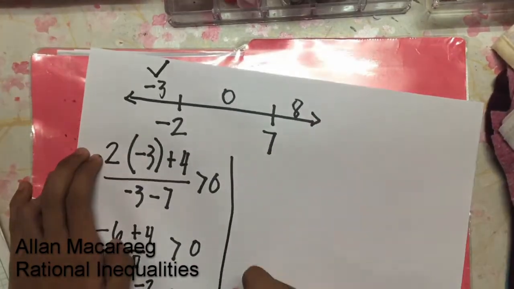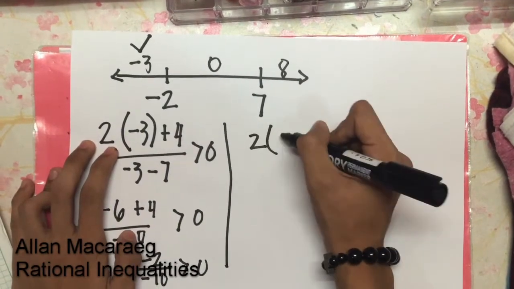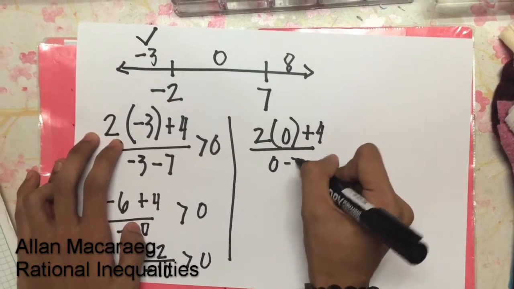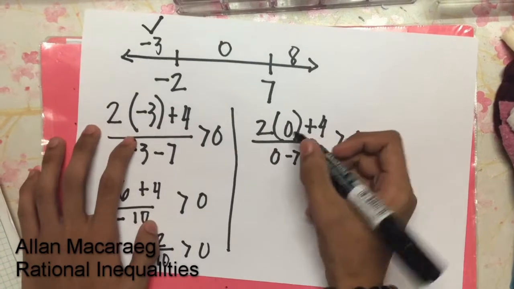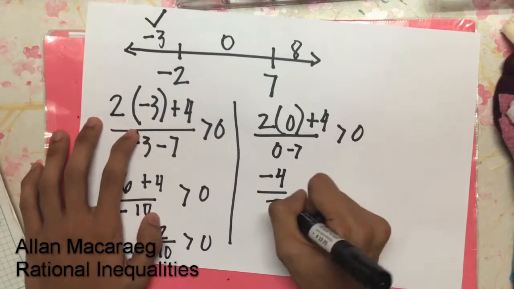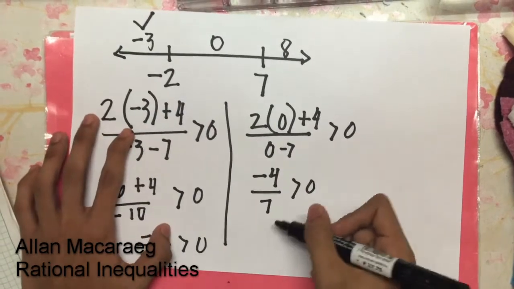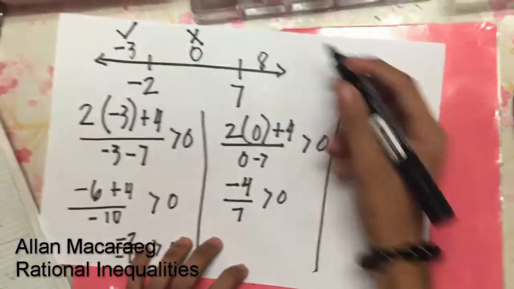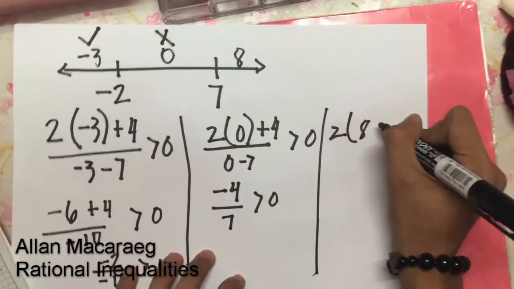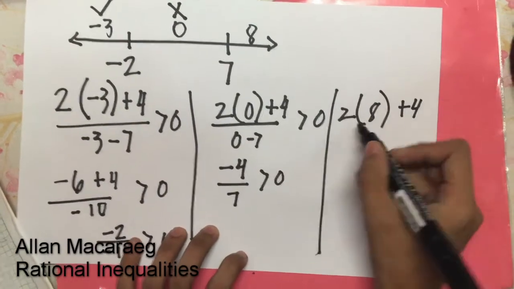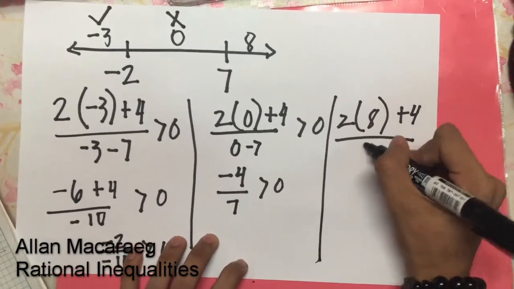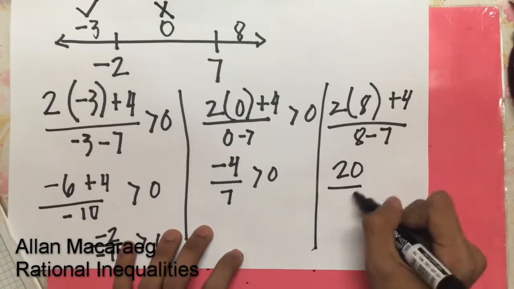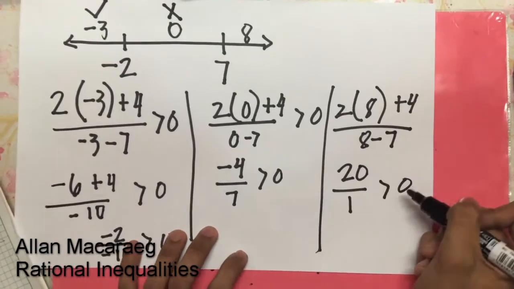Use 0: 2 times 0 plus 4 over 0 minus 7 is greater than 0. Let's solve this. 4 over negative 7. I think it's not. So let's check the next. Plus is 8. So 2 times 8 plus 4 over 8 minus 7. So the answer will be 20 over 1. So 20 is greater than 0. So let's check this.